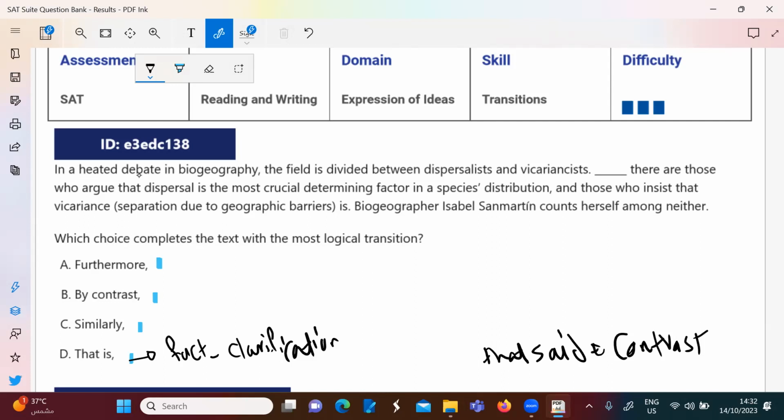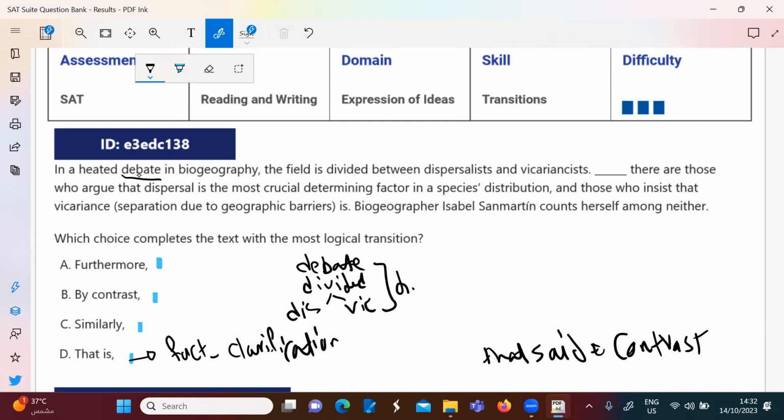In a heated debate in biogeography, the field is divided between dispersalists and vicariancists, whatever. So it seems that there is a debate and they are divided between something called dis, whatever, and the other one, vic.